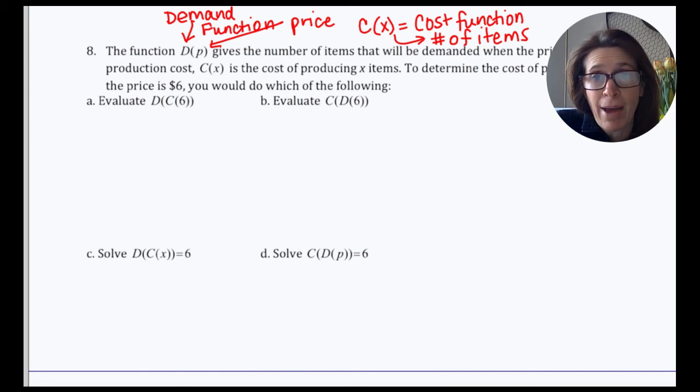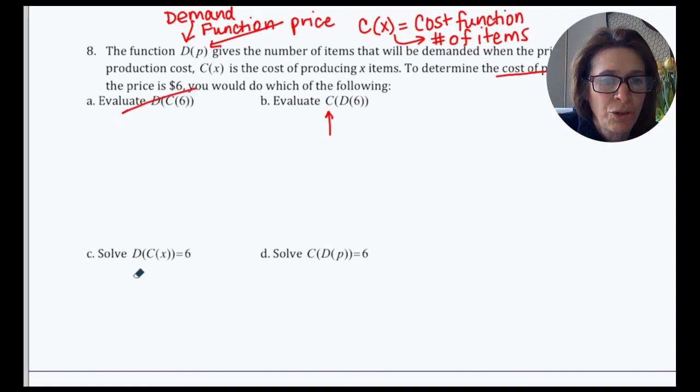So I'd like you to think about it, and then press pause. All right, so if we think about this, we want to get the cost of production. So my output needs to be the cost function, which would tell me my outermost function needs to be C. Okay, so these two are out.